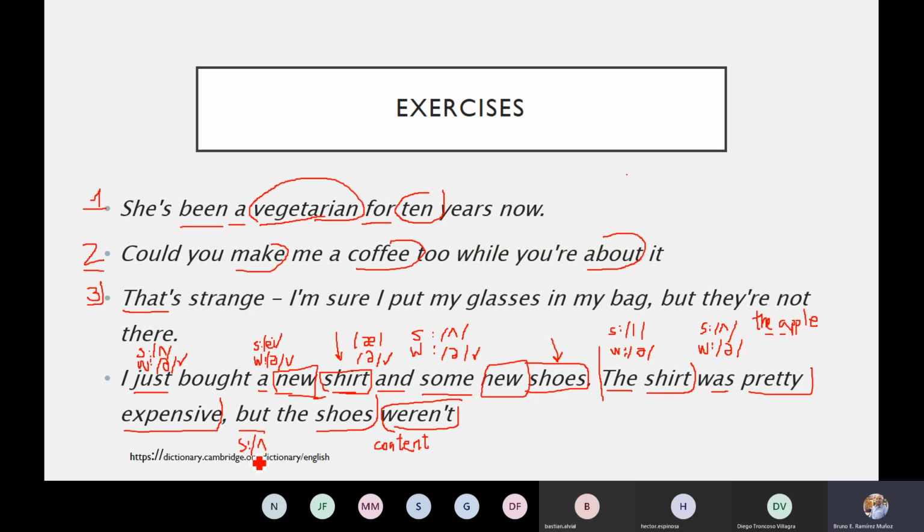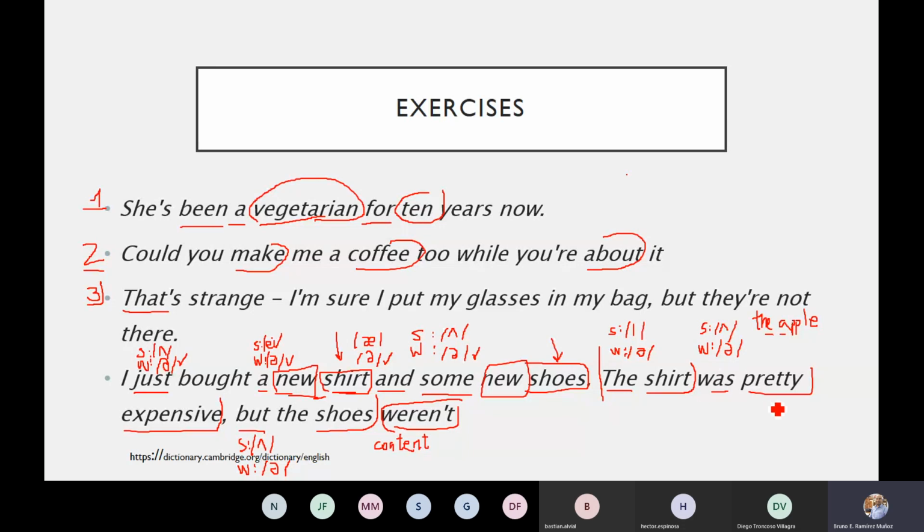Okay. But the weak form is a schwa, but. That is the way we have to say it, with the second one, with the weak form, exactly. But. And the same with was. No, was very weak. Yeah, in was, I would use the weak form.